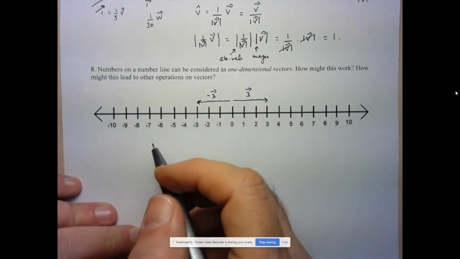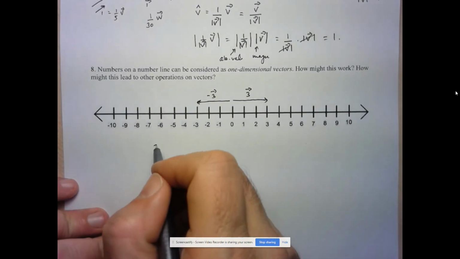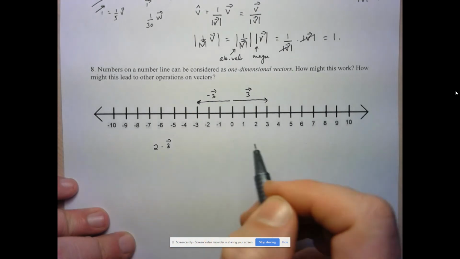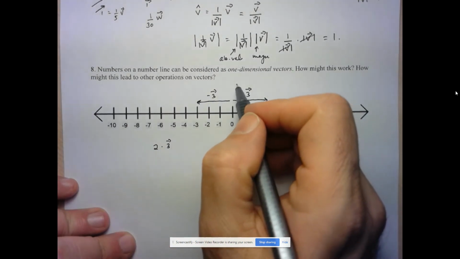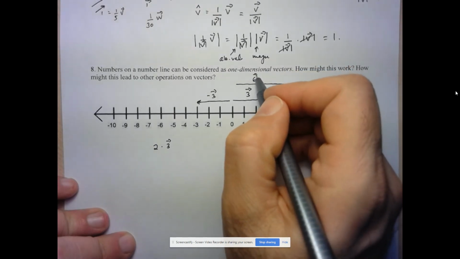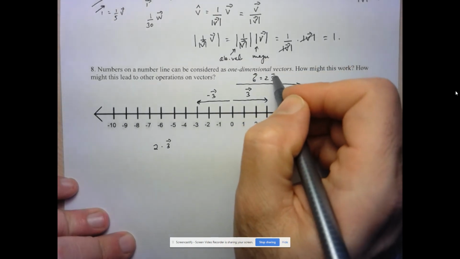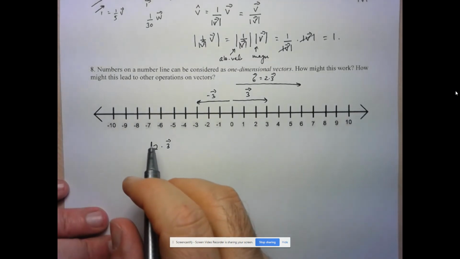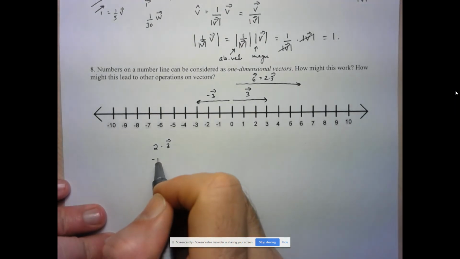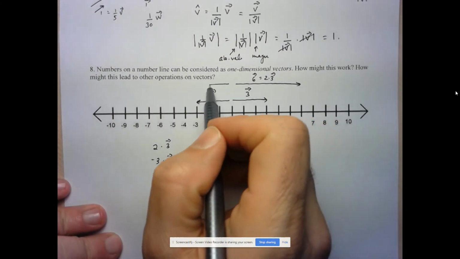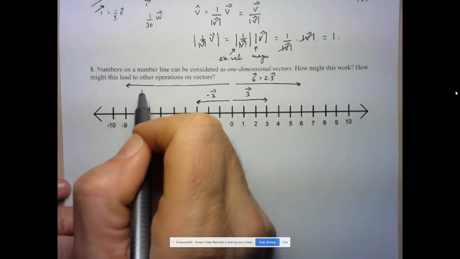And when they wanted to find something 2 times the vector 3, they did scalar multiplication. 2 times the vector 3 would be this here. The vector 6 was 2 times the vector of 3. Negative 3 times the vector 3 would have been the vector negative 9.